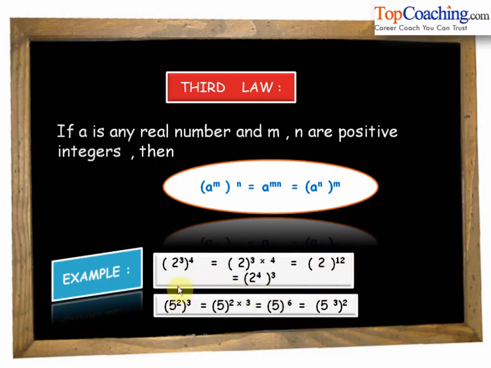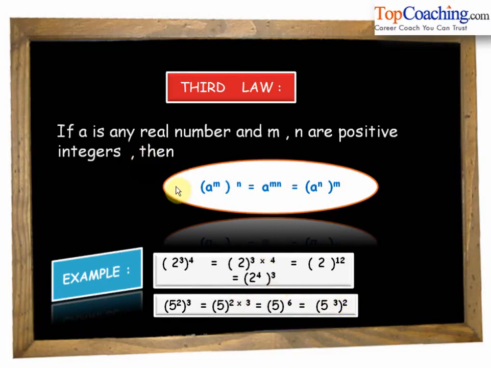Similarly, if we take the case as 5 squared to the power of 3, then this is equal to 5 to the power of 2 into 3. We simply multiply both these exponents, and this is equal to 5 to the power of 6. Now again this could be written as 5 cube whole square. So we take the square of 5 cube.